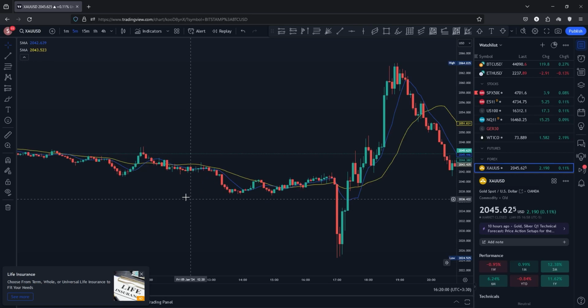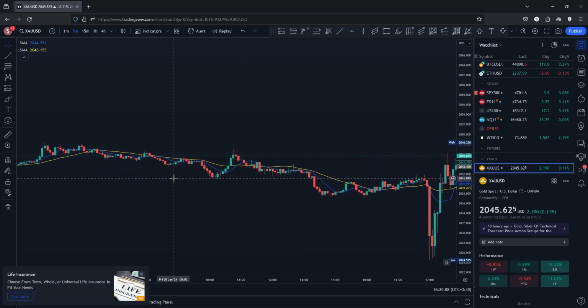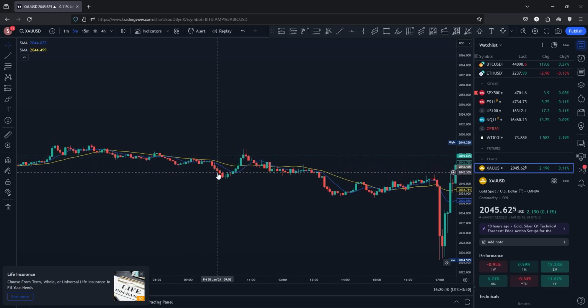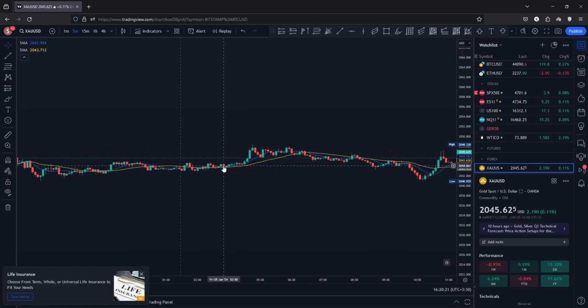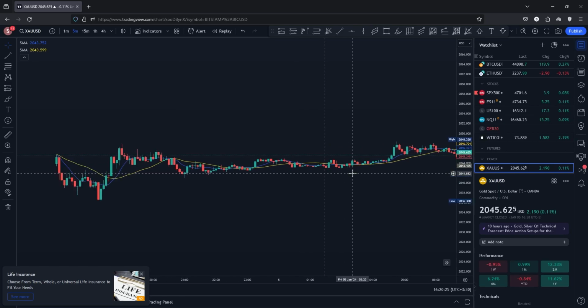As you see, if you enter here, for example, you lose your money. It can give you some profit, but it's not good enough. You can enter here for a long position and you lose. You can enter here, it gives you some profit, but it's not good.